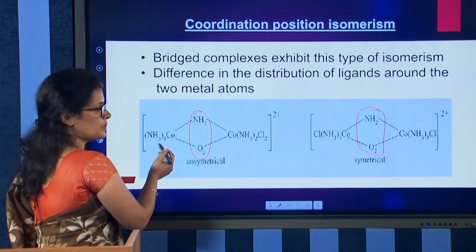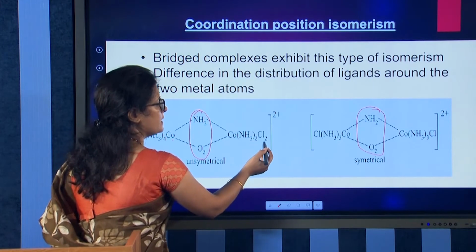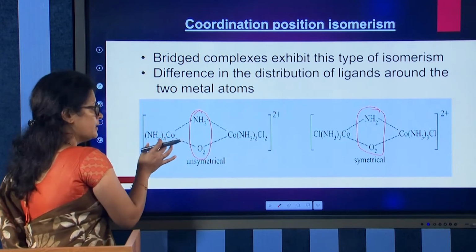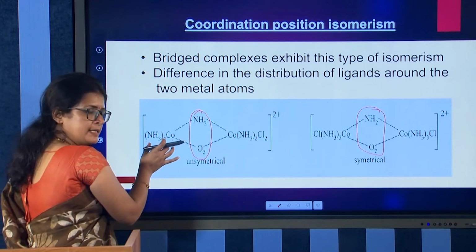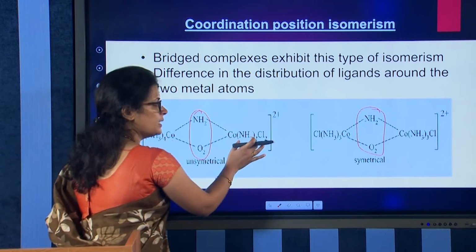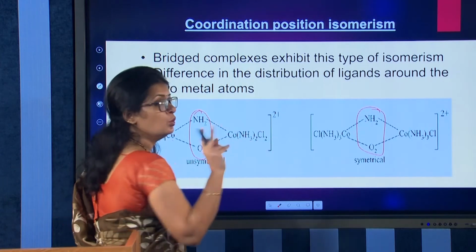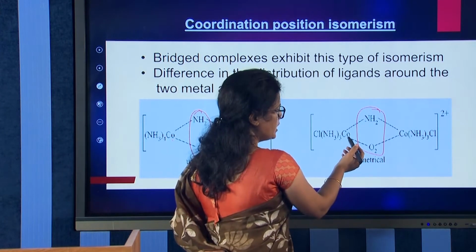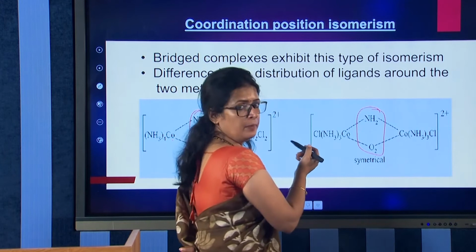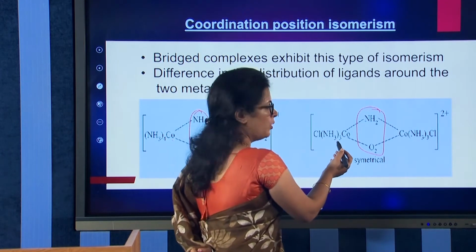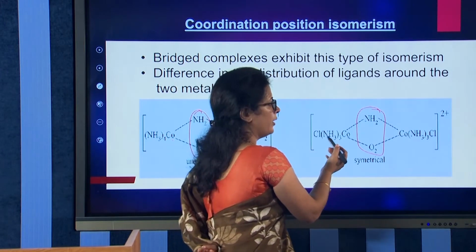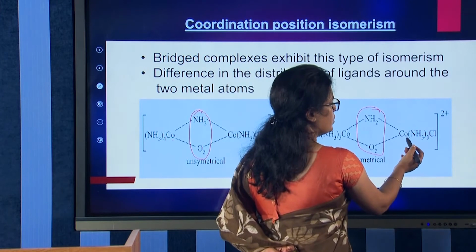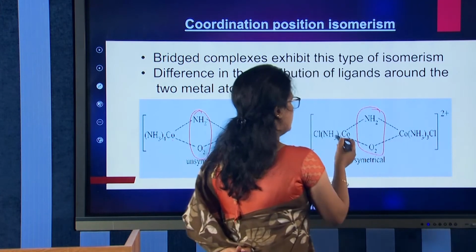How does it become unsymmetrical? Co(NH3)4 on one side, and here Co(NH3)2Cl2. There is no symmetry. See, 4 ammonia ligands are on this side, and here you can see 2 ammonia ligands and 2 chloride ligands. But in this case, Co(NH3)3Cl means 3 ammonia molecules and 1 chloride ion, and here also Co(NH3)3Cl.